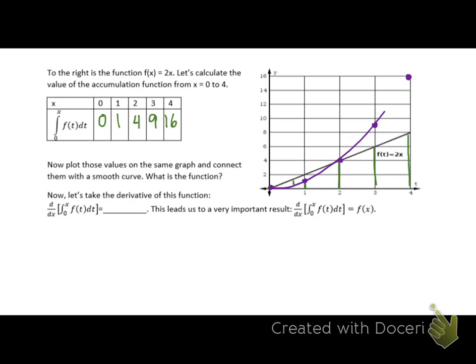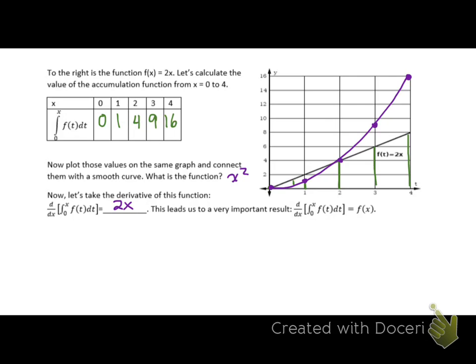If I plot those points, then we have an interesting function here. That ends up being a quadratic function, the quadratic function x squared. Well, if I take the derivative of x squared, what do I get? 2x. Interesting. So if I take the derivative of an integral, I get the original function.